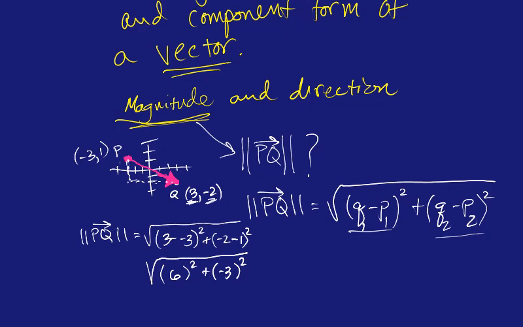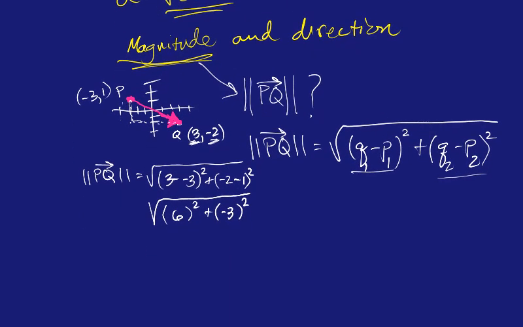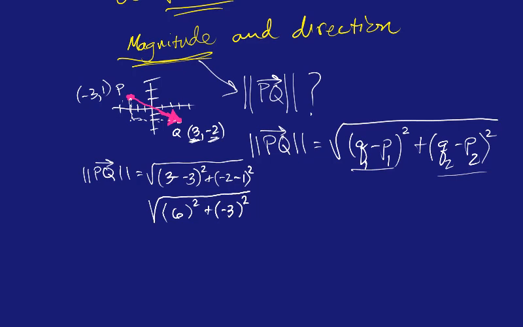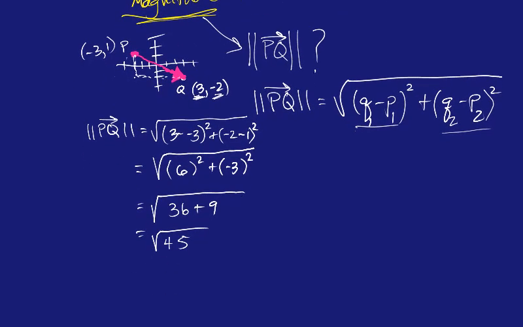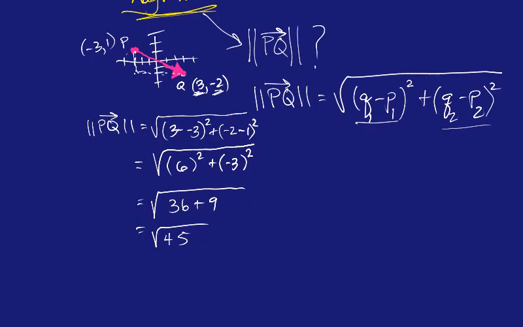And so 6 squared is 36, and -3 squared is 9. So we'll have 36 plus 9, which is 45. And we'll simplify that. I'll give you a second to simplify it. Hopefully you got it: 3√5. And so that's the distance of the vector.